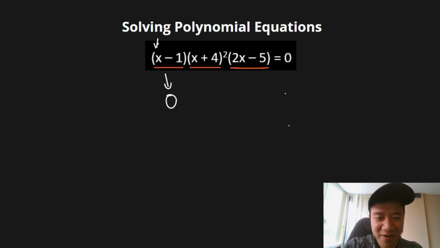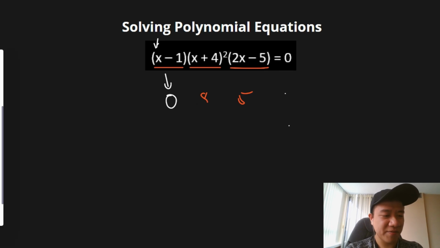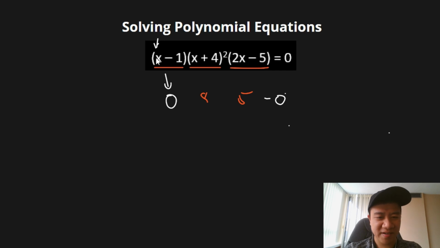It doesn't really matter what happens in the other brackets, what numbers come out. Since this is 0, and we're multiplying all of these together, these numbers could be like 8 or 5, the result's going to be 0. So whatever number we substituted here to make this 0 would satisfy this entire equation.